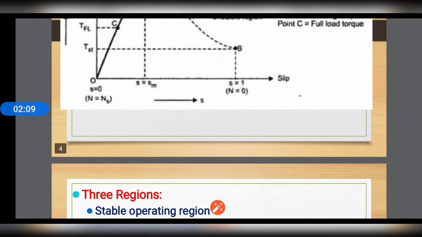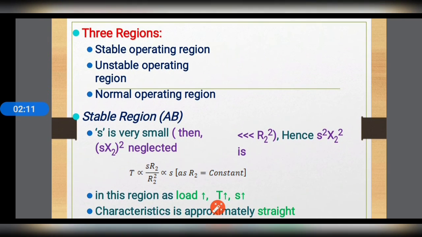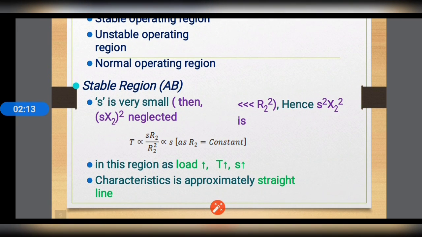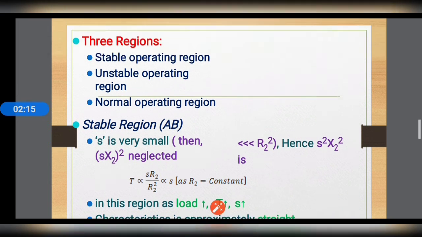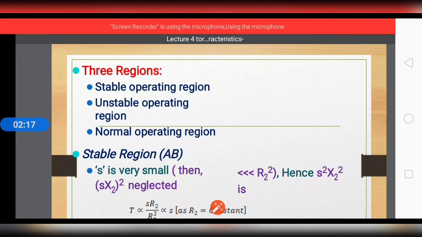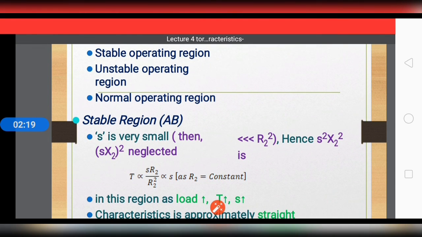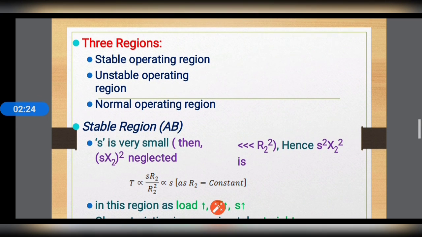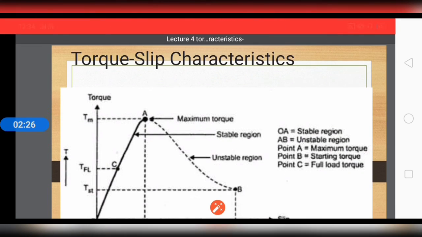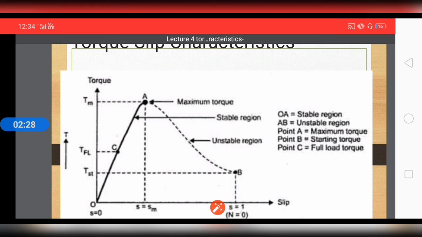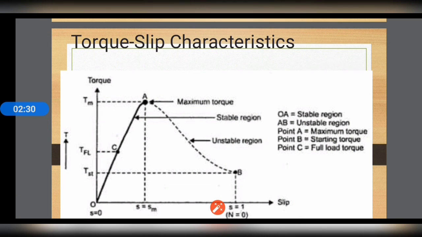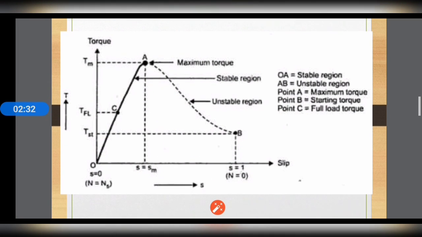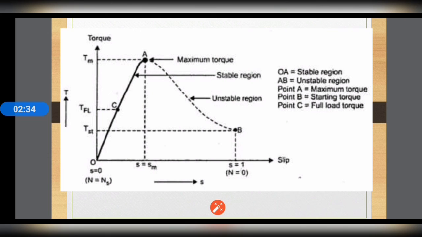So let us start with the stable region, which is shown by the OA portion. In this stable region, the slip is very small, varying from 0 to Sm.